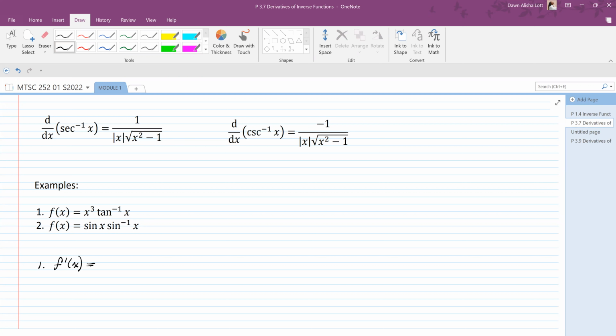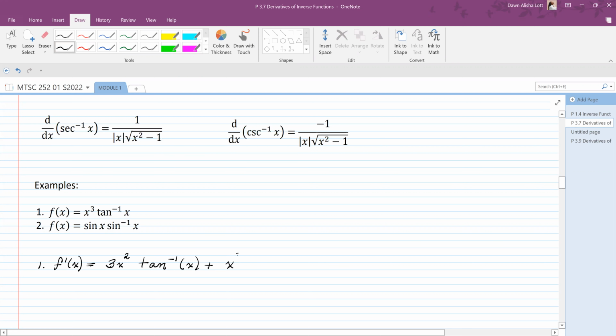So it's the derivative of the first, which is 3x squared, times the second, which is tan inverse of x, plus the first, which is x cubed, times the derivative of the second, which is 1 over 1 plus x squared. Nice and simple. Any questions?